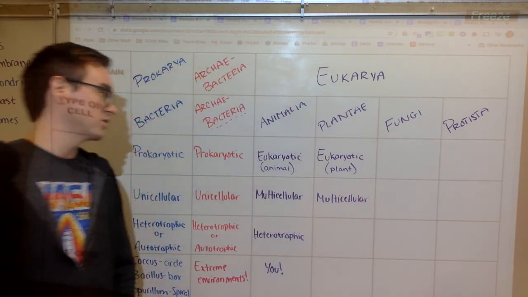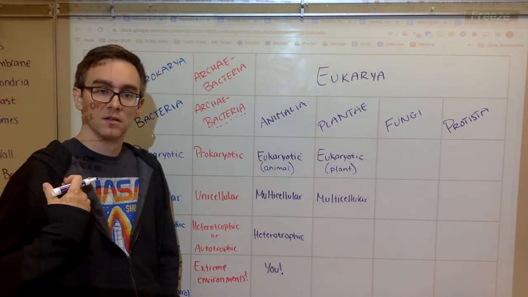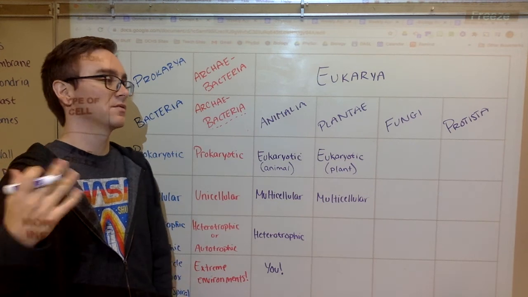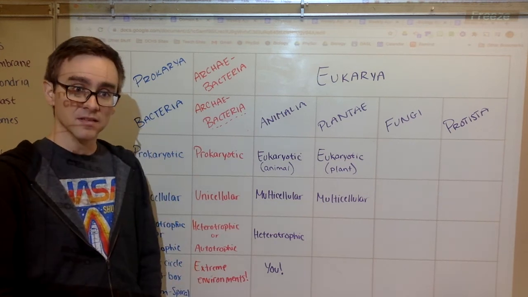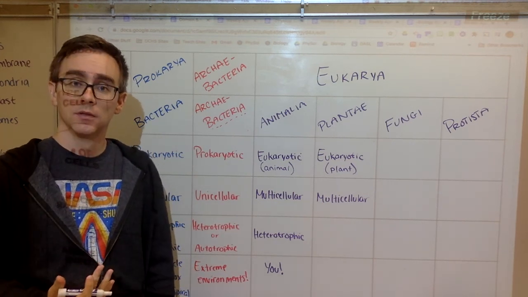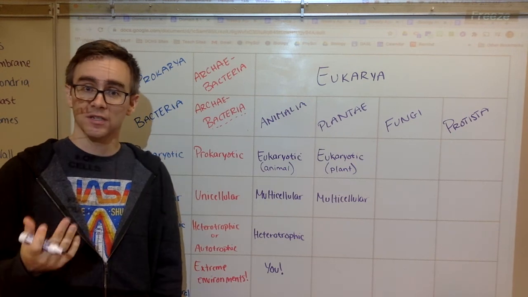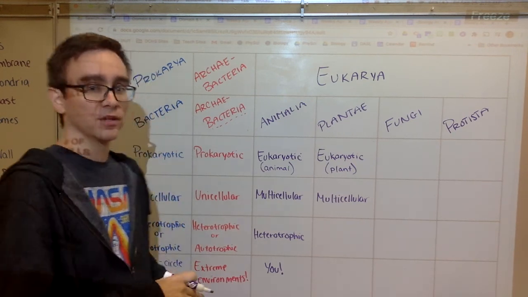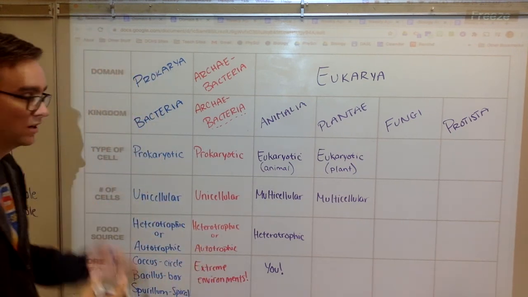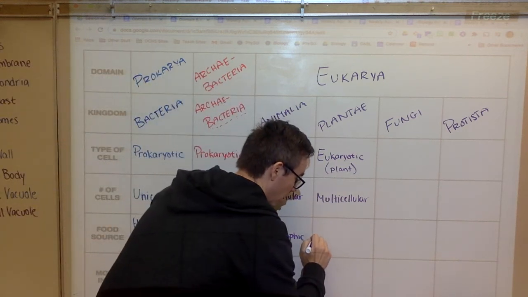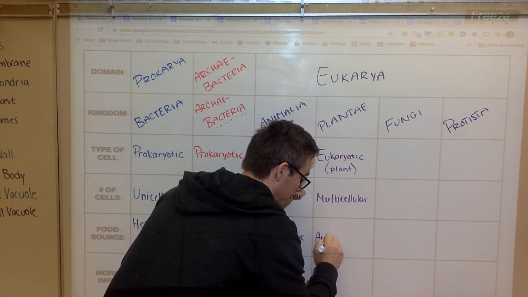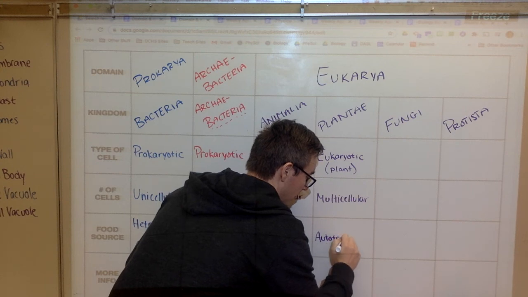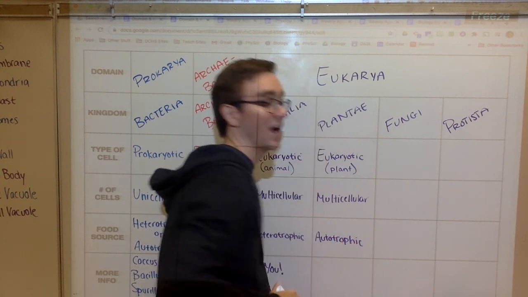One of the big distinctions between us as humans or fish or monkeys or whatever and plants is how they get their food. Obviously, there's a lot of physical looking differences, but when we're talking about this really broad category of kingdoms right now, one of the major differences is they are autotrophic. Now, some people say, well, what about the Venus flytrap?